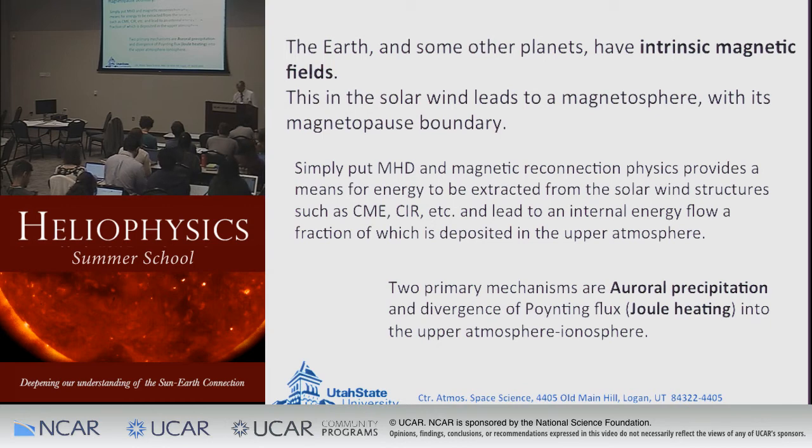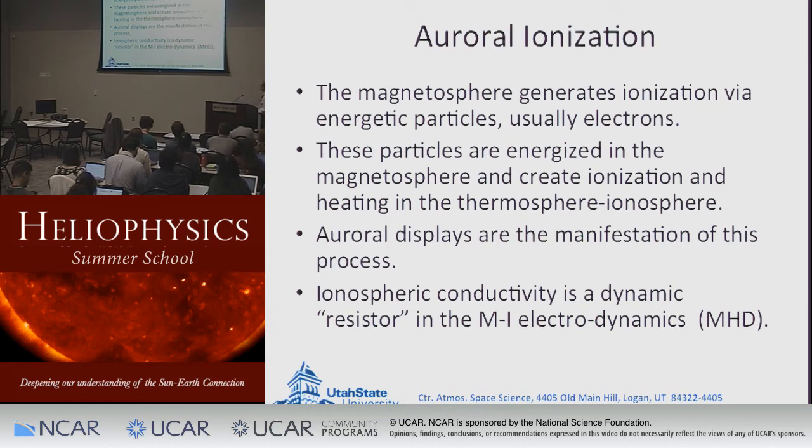So what we'll do is start getting into this a little bit. We'll start with auroral ionization. The magnetosphere generates ionization via energetic particles, usually electrons. I picked electrons, but there are proton aurorae, so it's not just electron aurora. You do get ions being heated coming down field lines.